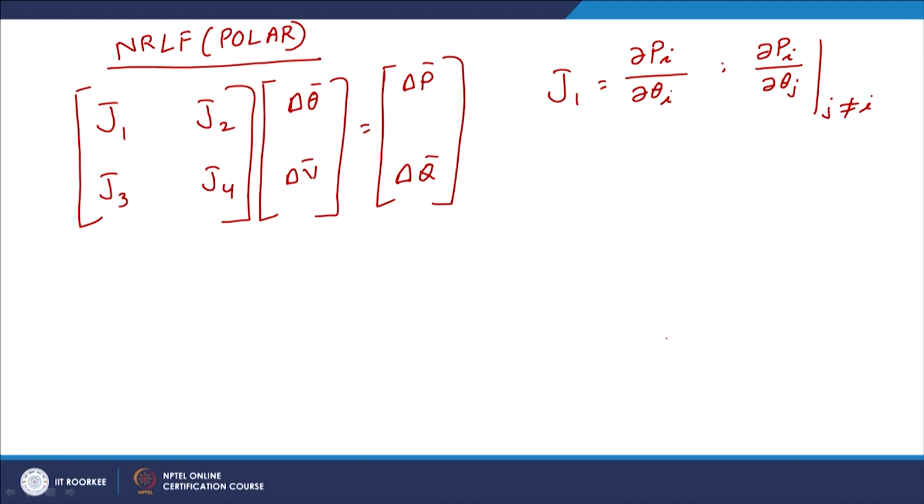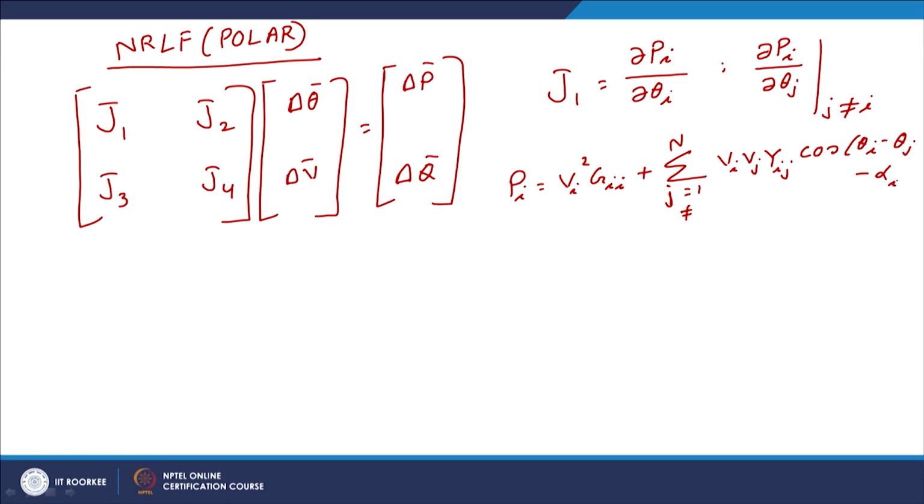And if we look at the expression of these two, for example, this expression of del Pi by del theta j, we have Pi equal to the standard Vi square into Gii plus the summation over j equal to 1 to n, j not equal to i, Vi Vj Yij cosine of theta i minus theta j minus alpha ij.